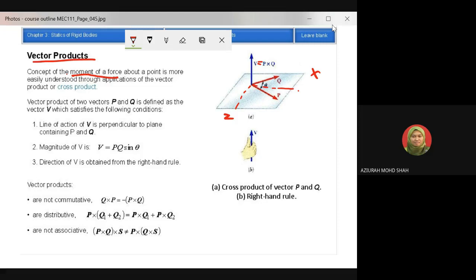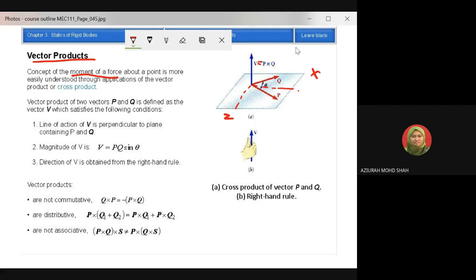Alright, jadi direction untuk V ini, dia direction in positive Y axis, which is in unit vector dia adalah J, positive J. Right? Macam mana kita nak tahu direction of the V? We can obtain from the right hand rule.